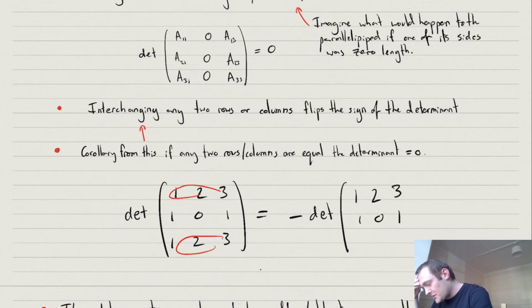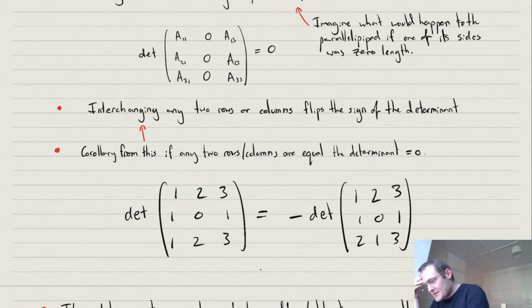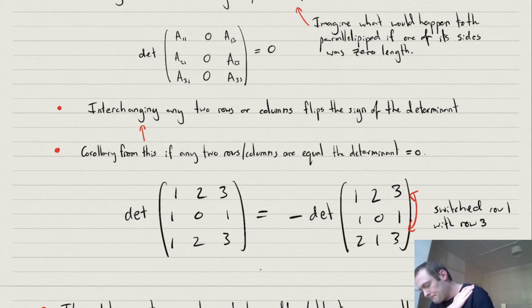So 1, 2, 3; 1, 0, 1; 1, 2, 3. In which case, we see that the thing equals negative of itself, so it must be equal to 0.